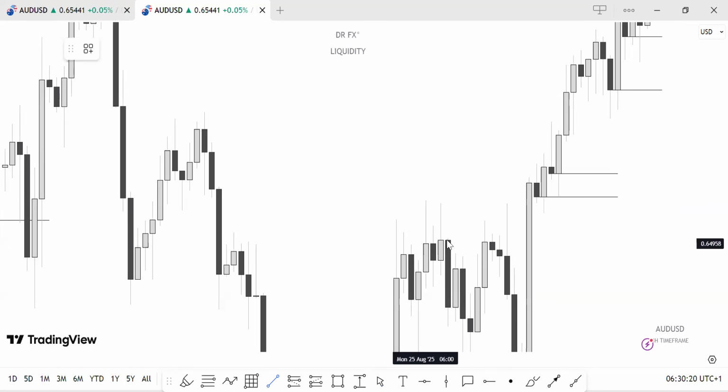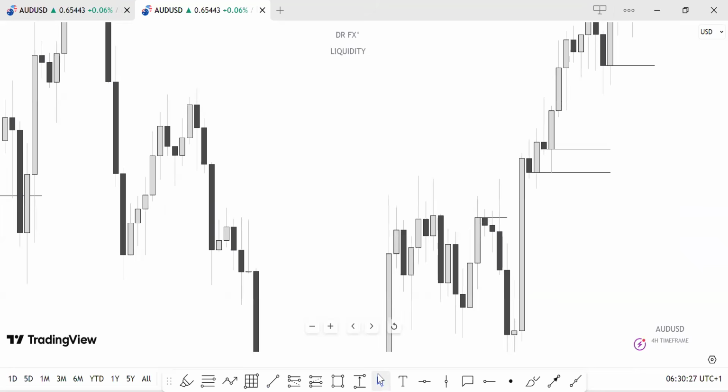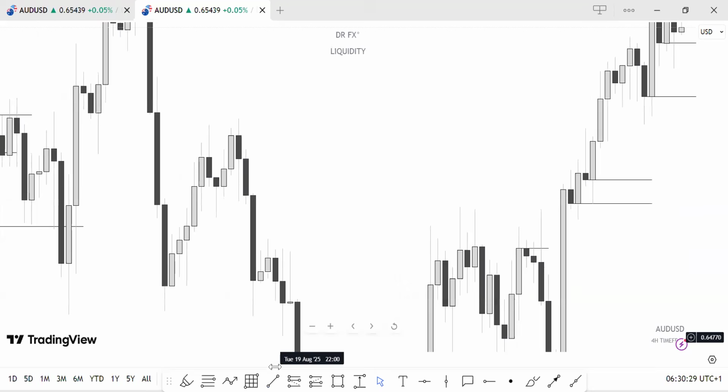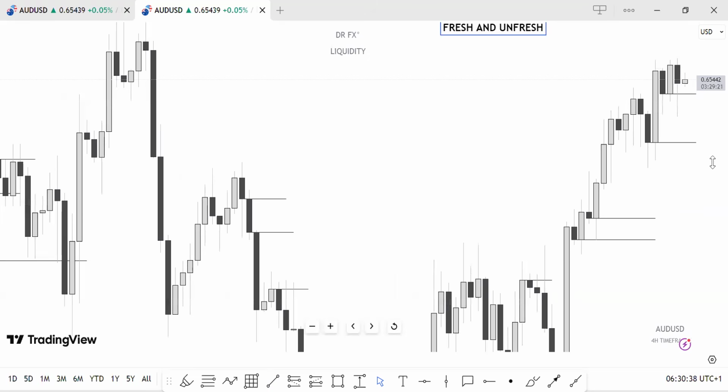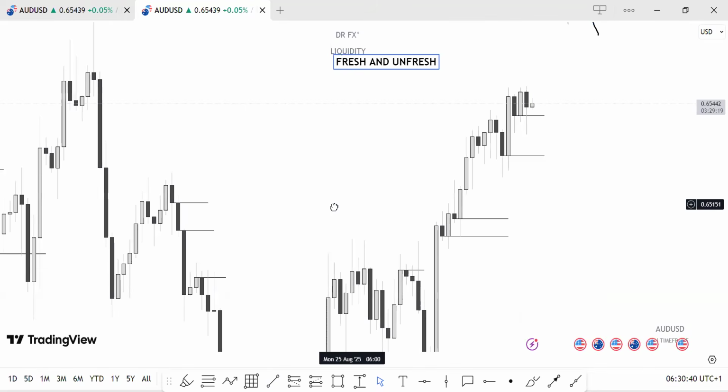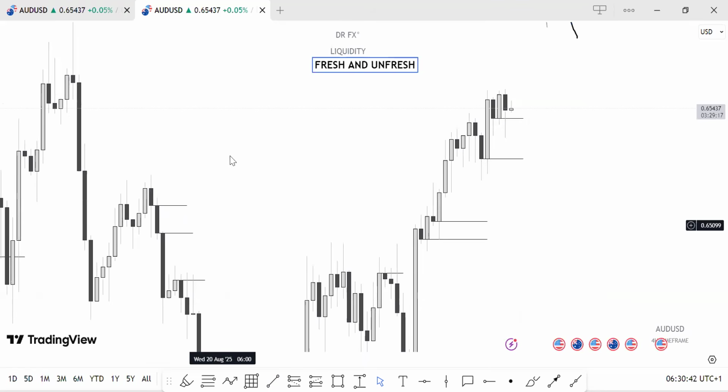This one here is not fresh, right? The market has used it. But this one is fresh. This one is fresh. So that's why when we come to storyline, probably later in our next class today, or we might leave it to next week, it's just the market moving from fresh key levels to fresh key levels.